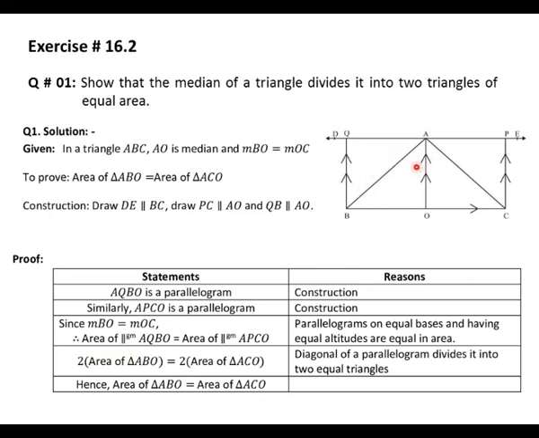Similarly, the whole parallelogram APCO can be written as twice the area of ACO. And this 2 and this 2 will be cancelled by each other, and we will be left with just area of triangle ABO is equal to area of triangle ACO.